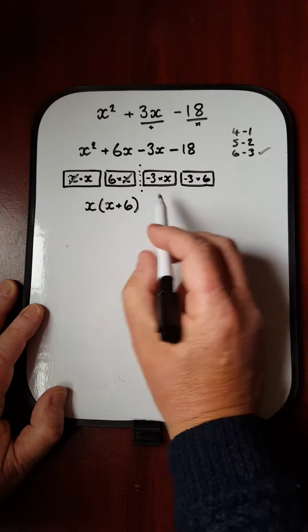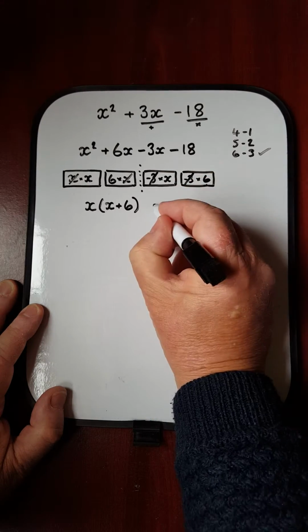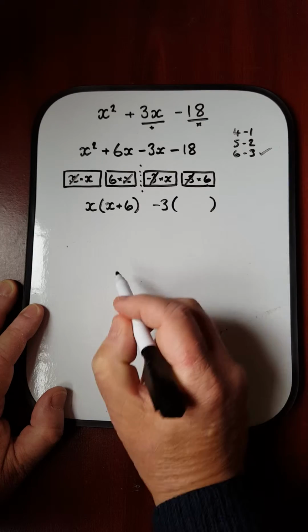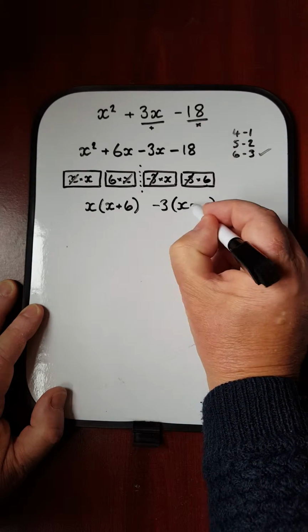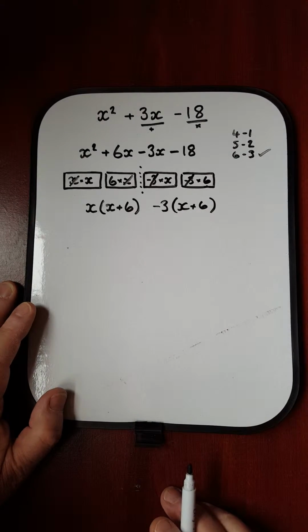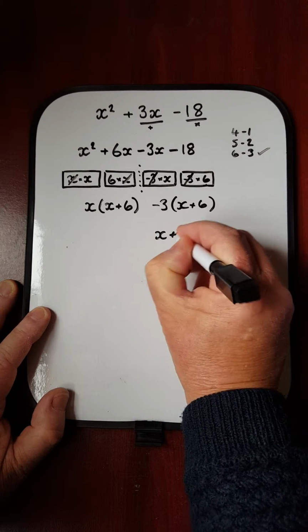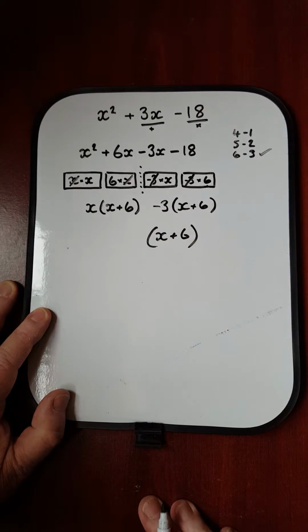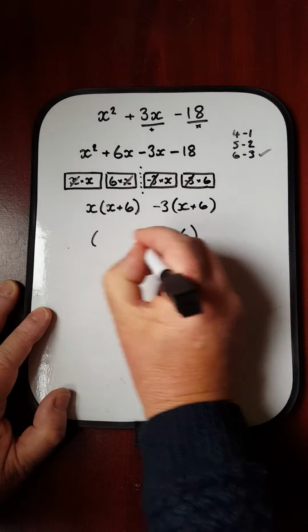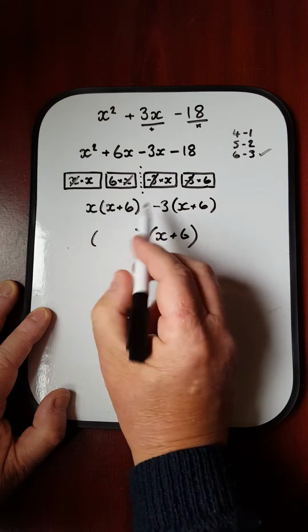On this side, we've got a minus 3 both times, and inside the bracket we've got an x plus 6. We've got the same thing inside both brackets, x plus 6, so that is going to form one of your brackets. The other bracket, we've got an x minus 3.